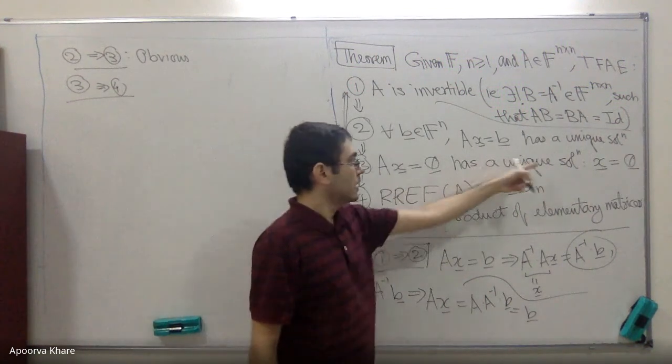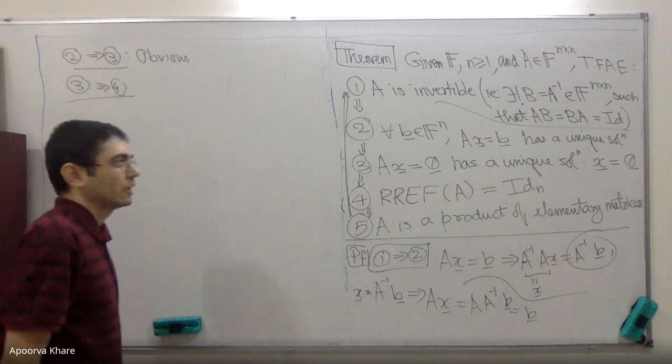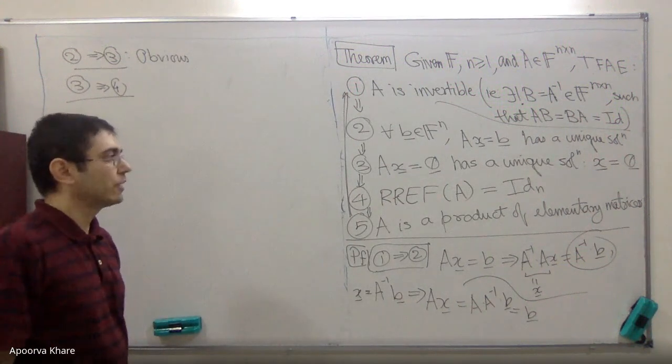Well, if Ax equals 0 has a unique solution, we know what happens, right? When does it have a unique solution?